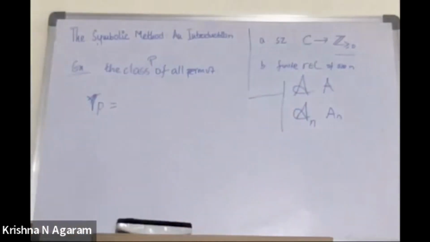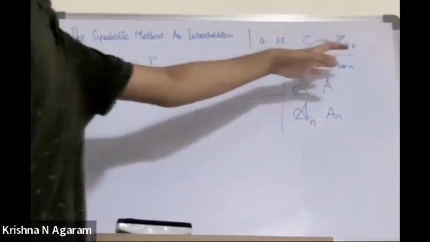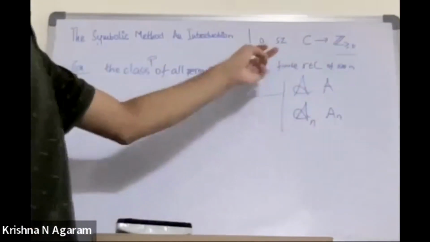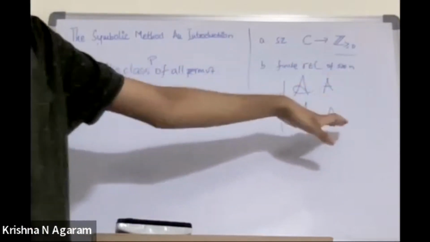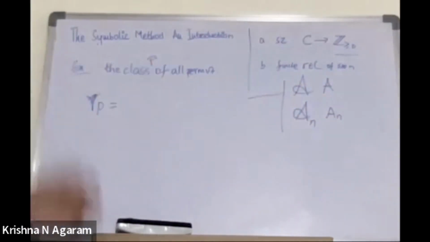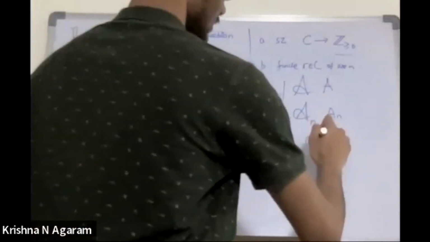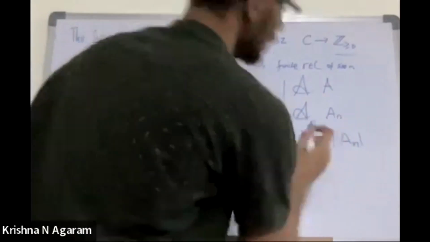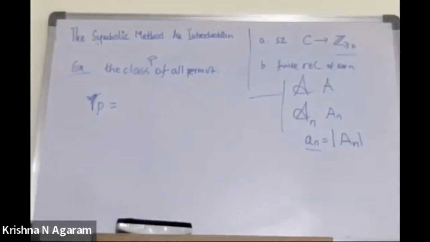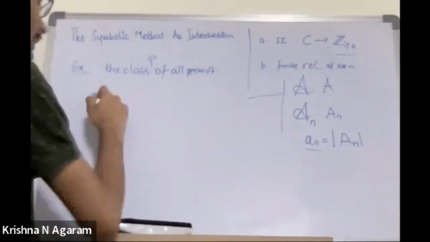And of course, it has a size function defined on it, and you can just take the same size function, and there are only finitely many elements of size n. So this finiteness is also there. So A_n is also a class for every n. Just a note. And the number of elements of size n, which is just this, will be called a_n. Okay. That's for notation.